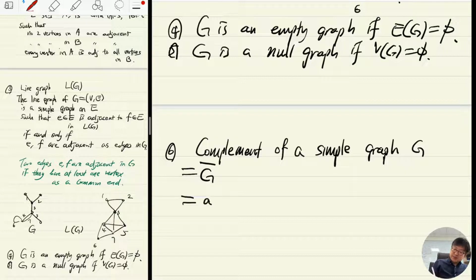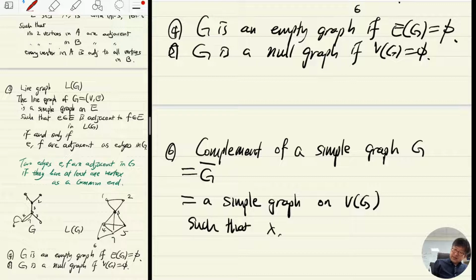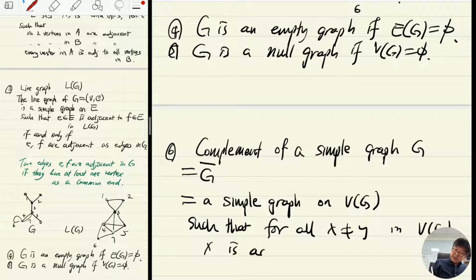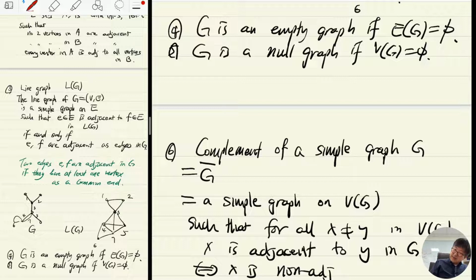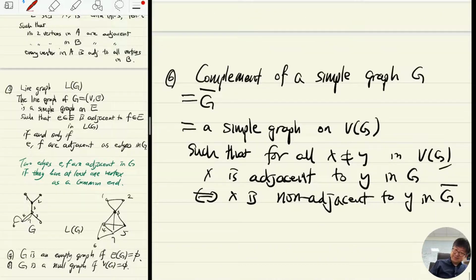This is a simple graph on the same vertex set such that for all distinct x, y in V(G), x is adjacent to y in G if and only if x is non-adjacent to y in G complement.